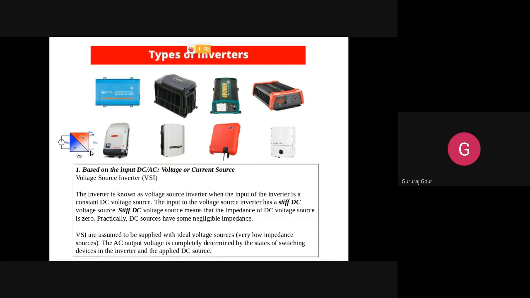Means what the rating we are getting for our AC output, maybe voltage or current ratings, will depend on two factors here. One depends on the kind of voltage source you are using. Another one, the set of switching elements used in this VSI block.